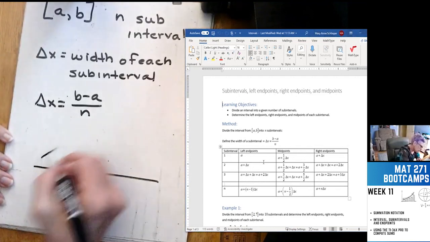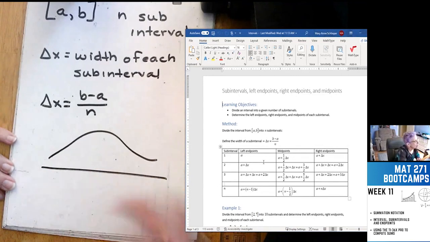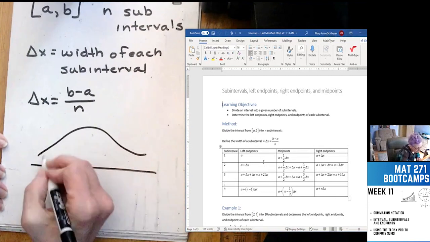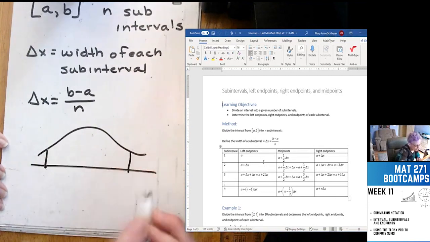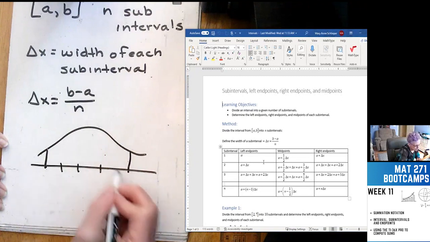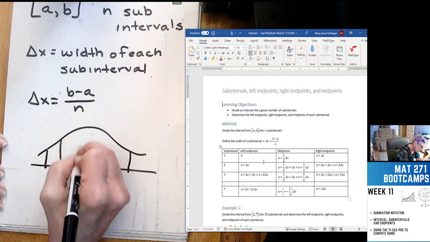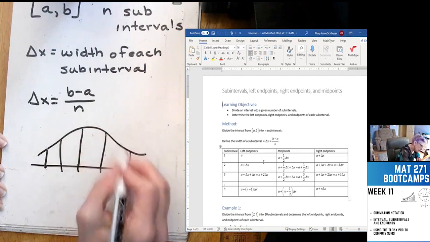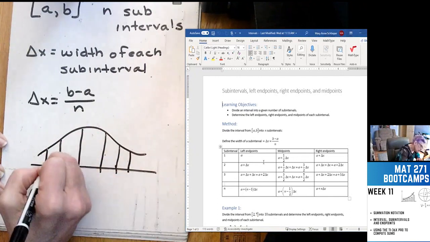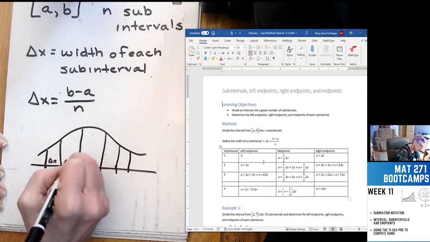So thinking back to our little curve where we were going to take this interval and divide it into subintervals, and we're going to pretend that my subintervals are all the same width, each one would be delta x wide.